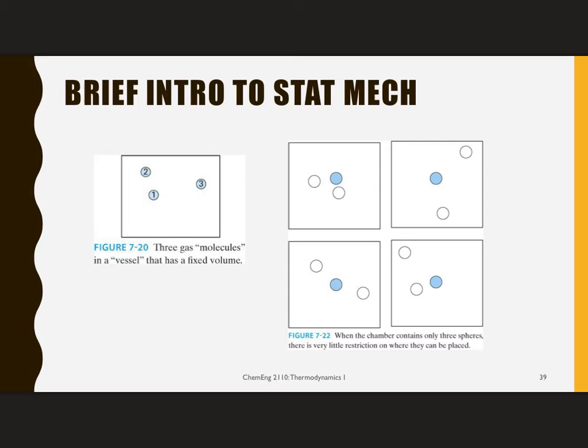They could be arranged all sorts of different ways, right? So if you look at these pictures here, this molecule, the other 2 are kind of near it. Here, the other 2 molecules are farther away, but they can be arranged in any number of locations and distances from each other.